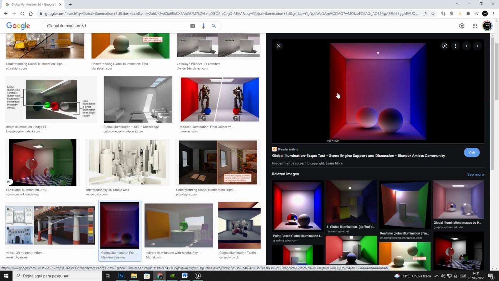Also for artificial light, all right? Also for colors, everything in the real world has this bouncing. All the elements of nature have this bouncing, okay? Part of this light is absorbed and part of this light is bounced.